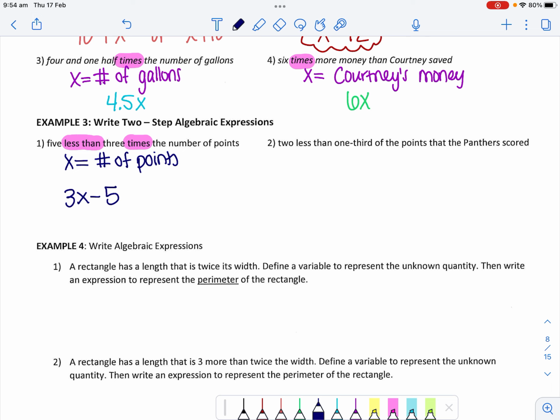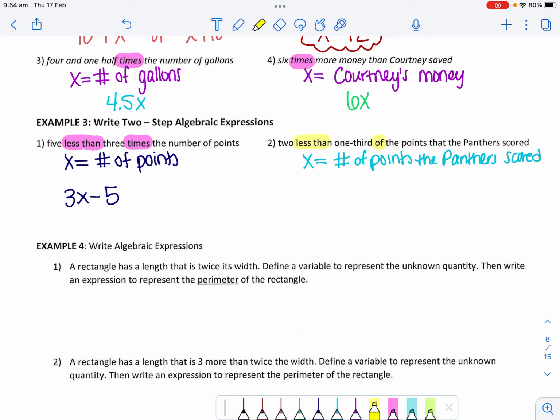Number 2 says 2 less than 1/3 of the points that the Panthers scored. So my variable is going to be the number of points the Panthers scored. And then I again have 2 less than 1/3 of.